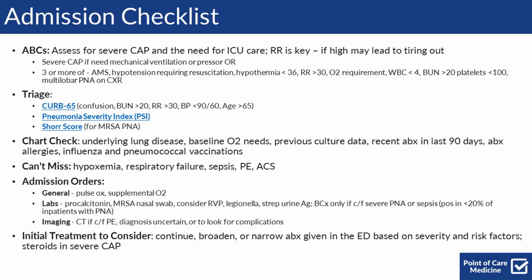Assess for severe CAP and the need for ICU-level care. While there's specific criteria, the respiratory rate is likely key. If it's high, it might lead to the patient tiring out and need for mechanical intubation.